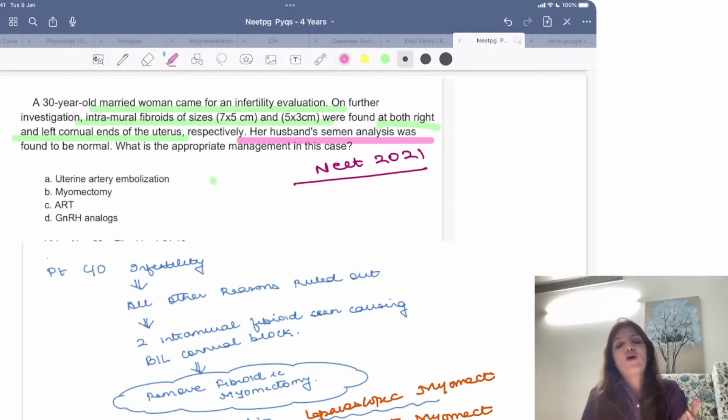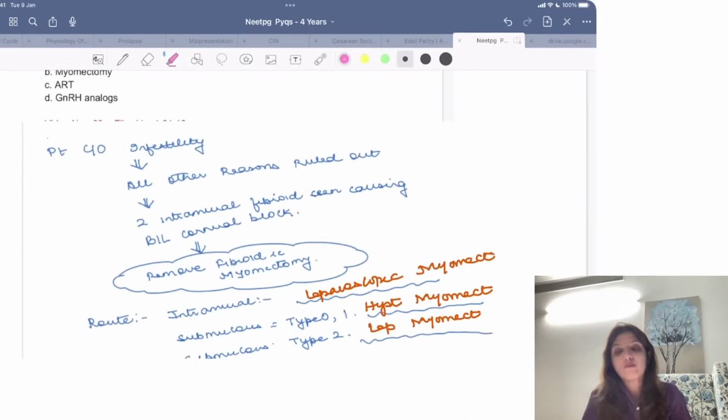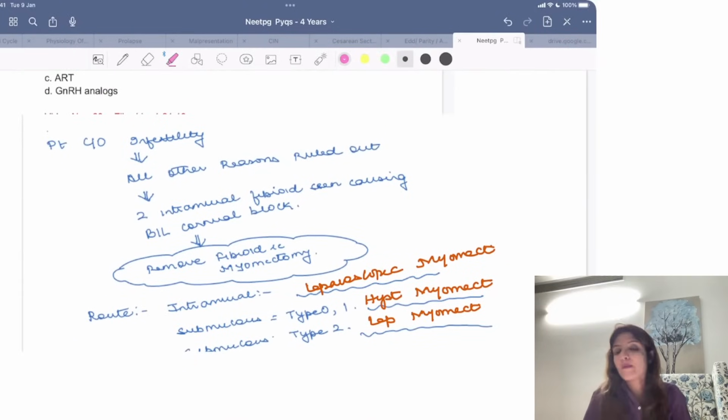So definitely my option will be to remove the fibroids. Removing the fibroids is called myomectomy. And which type of myomectomy am I going to do? I'm going to go for a laparoscopic myomectomy. If it would have been a type 0 or a type 1 submucous fibroid, then I would have gone for hysteroscopic myomectomy.